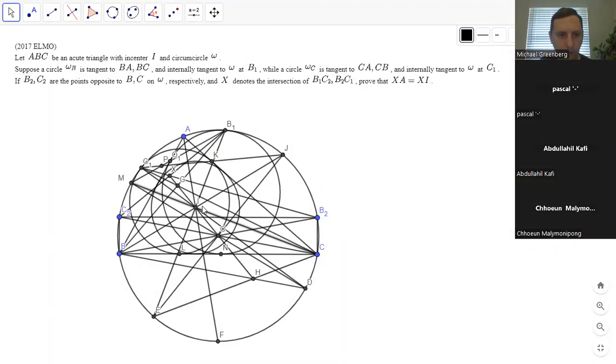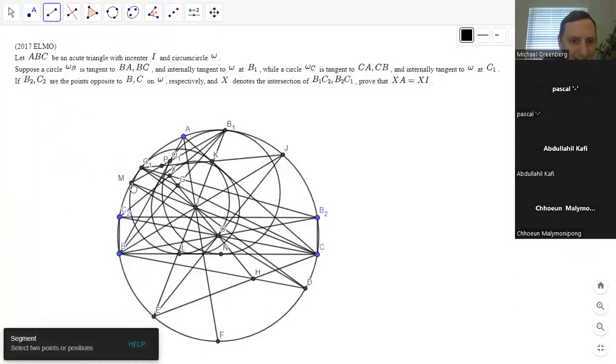And then we have MC2B and JB2C. That implies IO and, I think there's even another point.